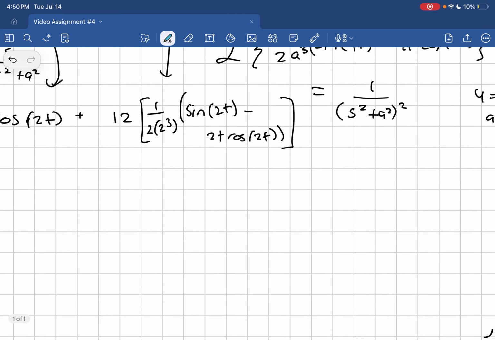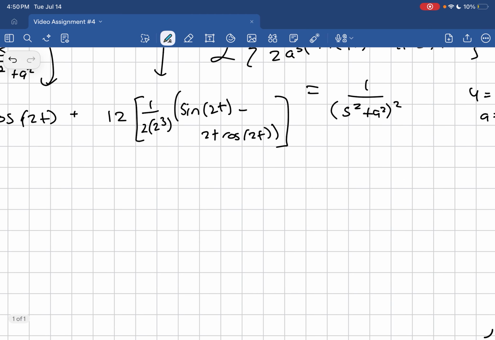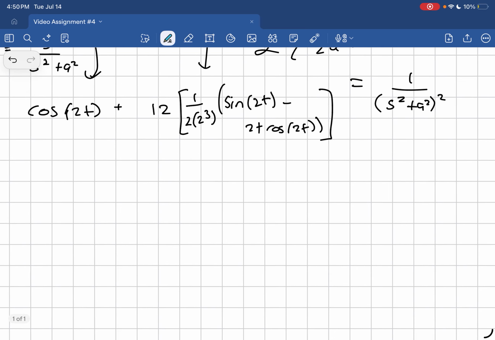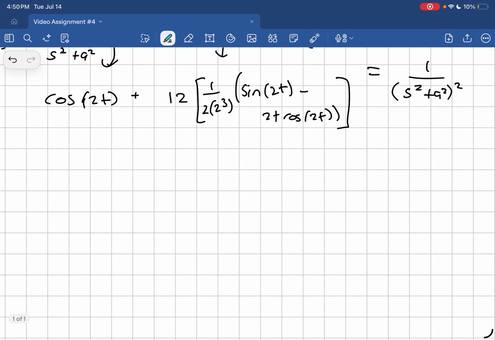And we can simplify the fractions, 2 times 2 cubed to 16. And we can also simplify the 12 over 16 to 3 over 4. So this will just be 3 over 4 times sine of 2t minus 2t cosine of 2t.